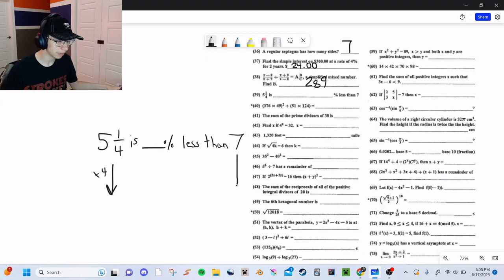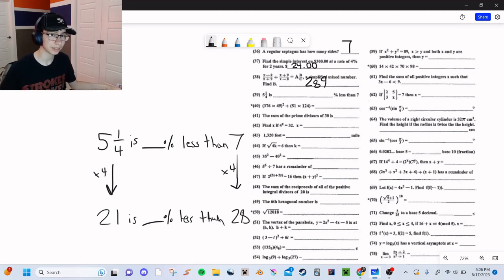I multiply both the 5 and the 1/4 and the 7 by 4. And now I'm dealing with a new question which would give me the same answer. 21 is blank percent less than 28. Now it becomes a lot easier to deal with.